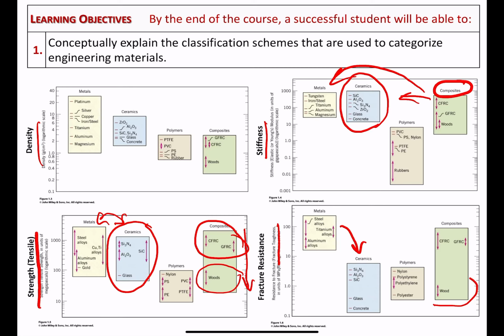Same thing said for the resistance to fracture, here represented as toughness value. And you'll see that the reinforced composites, both carbon fiber and glass fiber, remain competitive with metals.